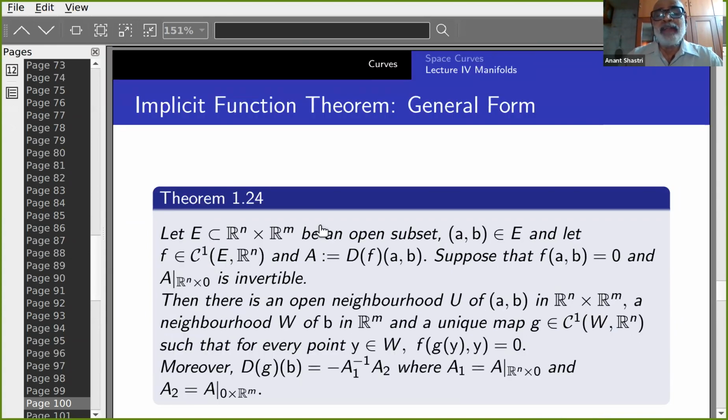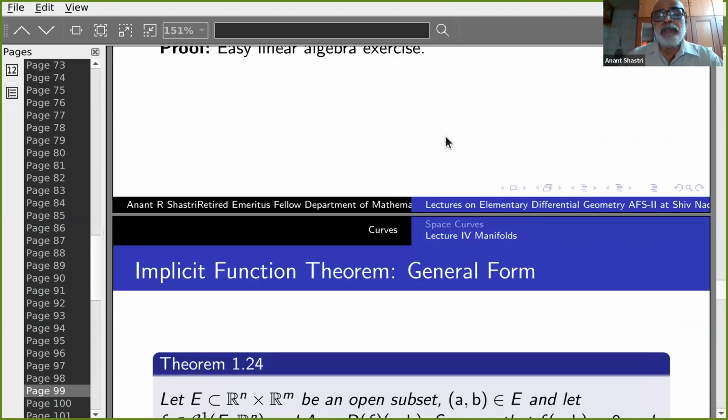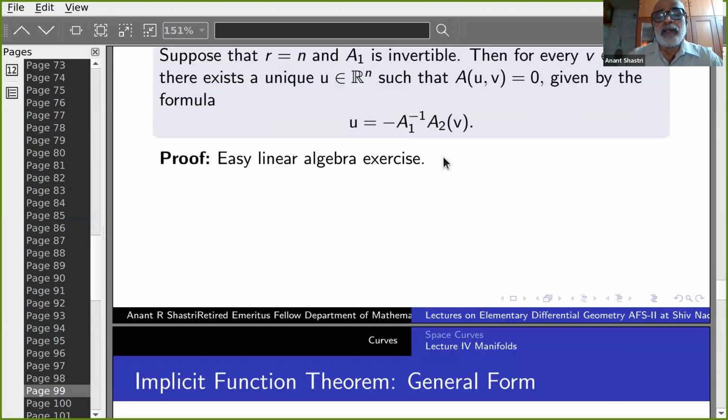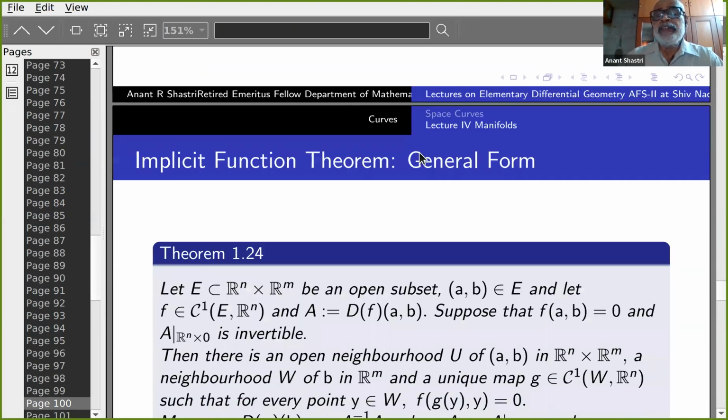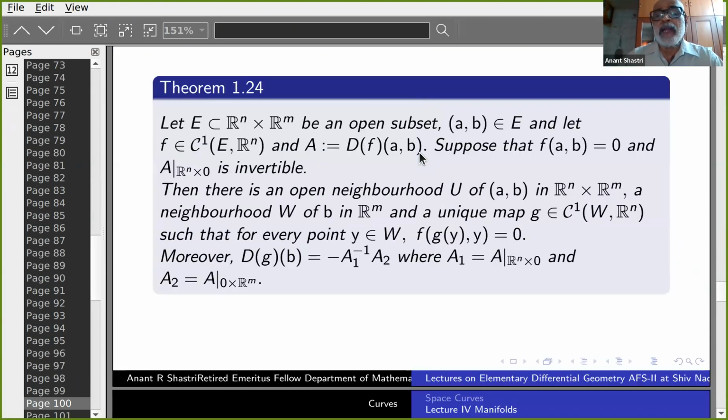So I take one single linear map. This capital A is nothing but Df at the point (a, b). And the hypothesis is that A1 is invertible. So the linear algebra hypothesis has come at one single point.